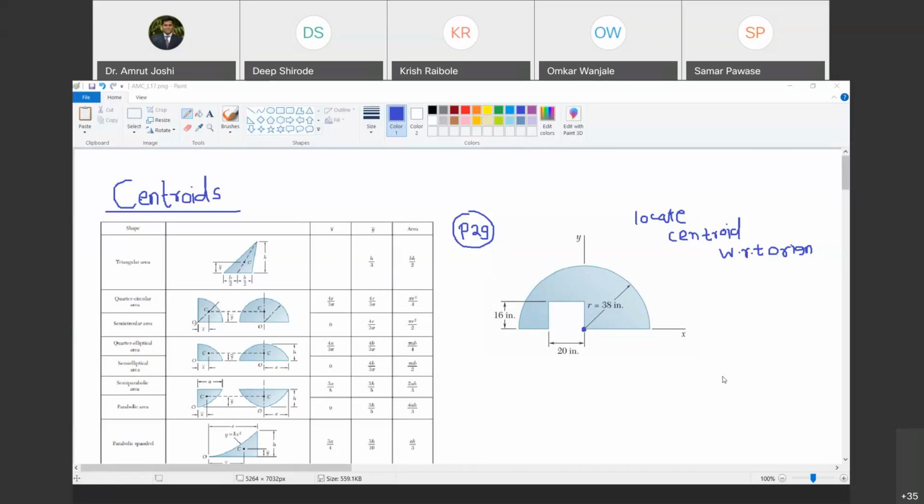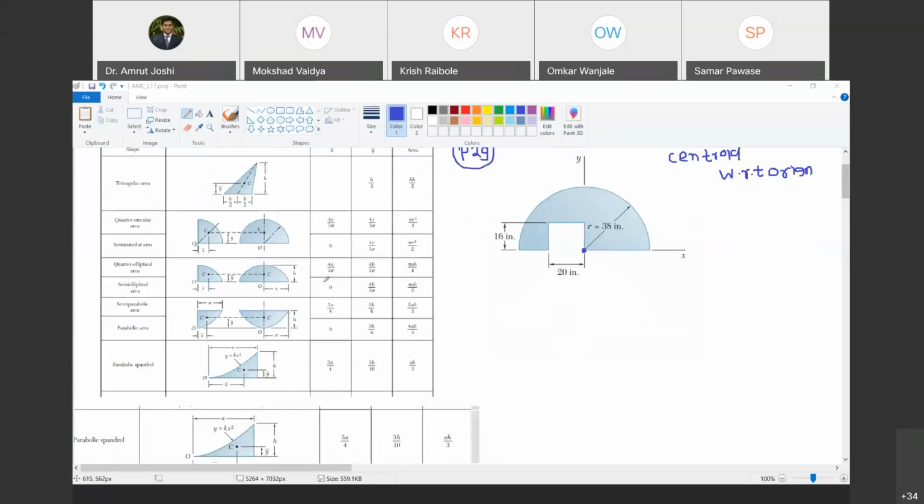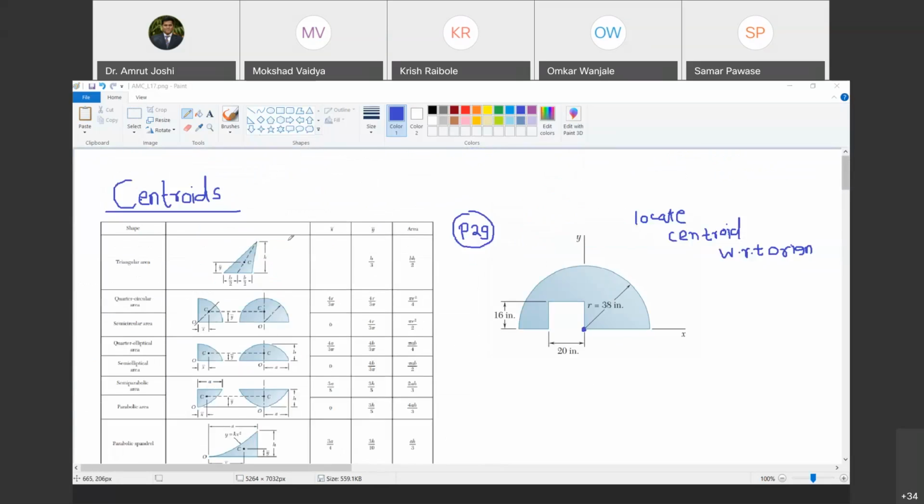Mokshat, can you unmute yourself? Yes, sir. So we have to locate the centroid with reference to this origin. That is what is given. And what I have given is the list of centroids for regular figures on the left hand side. You already know these centroids and we are going to use this list for our benefit. Okay, Mokshat, keep yourself unmuted for some time.